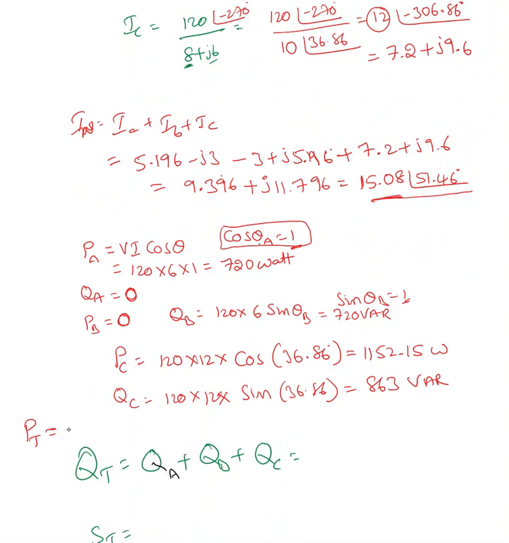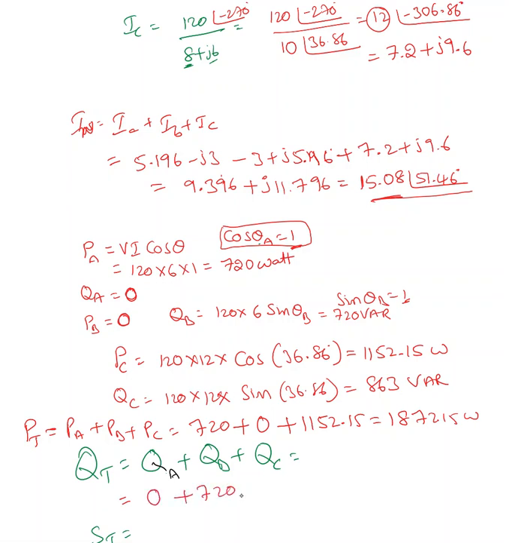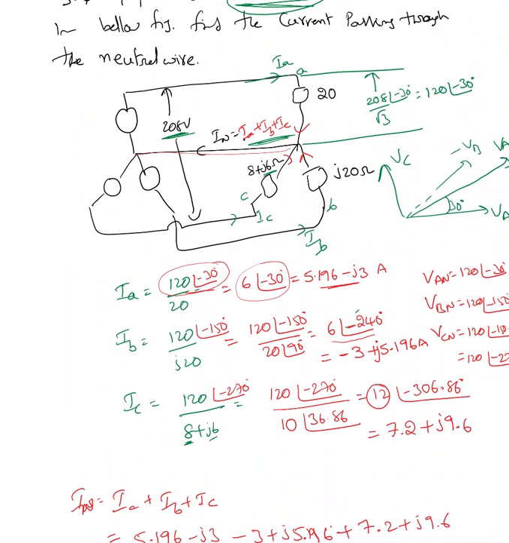So the total power is PA plus PB plus PC. PA I have 720, PB I have 0, PC I have 1152.15. The total is 1872.15 watts. Now Q total: QA is 0, QB is 720 and QC is 863. What kind of load is QC?